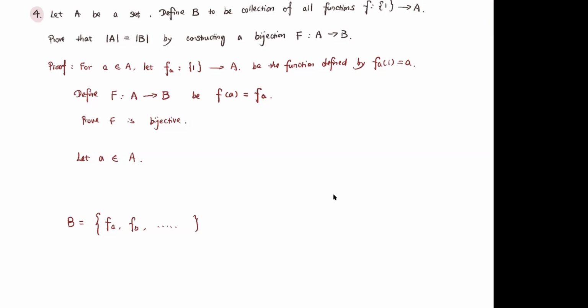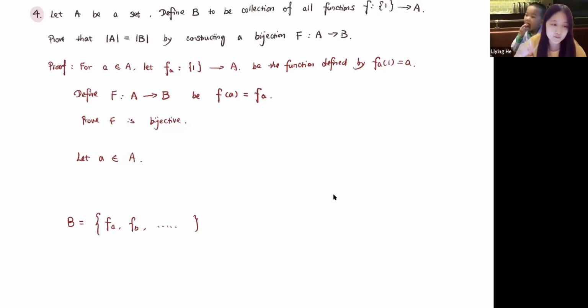What else would you have in B? You have f of a, f of b. Would you have f of c? Not necessarily f of c, but it's f of something, where this something is an element of A. So if your A is like A1, A2, A3, A4, then B is going to be f of A1, f of A2, f of A3, and such things.